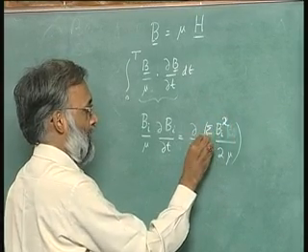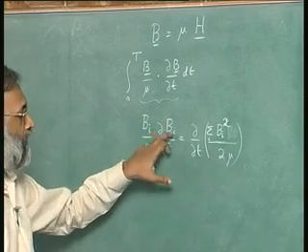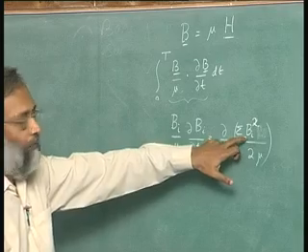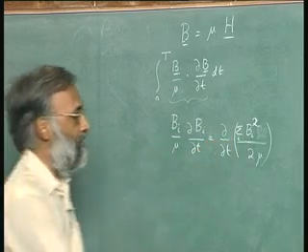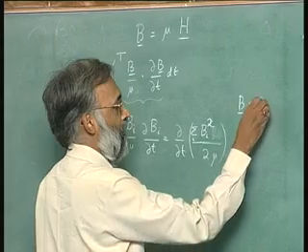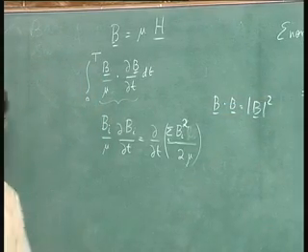I am going to put a sum on I, because there is no longer two different things over which I am summing, but this is well known to us. What is this? This is just B dot B or mod B square.